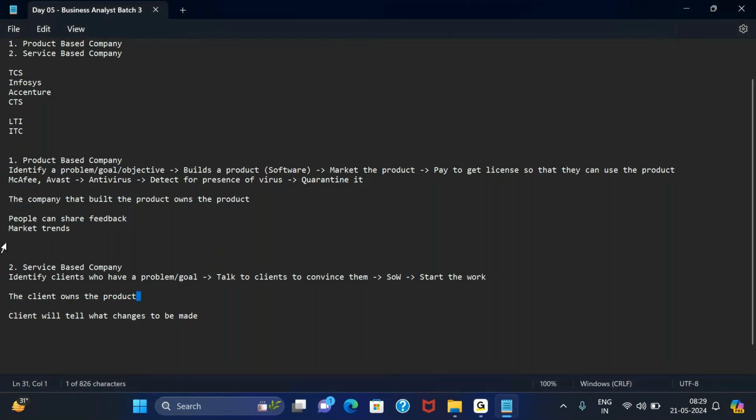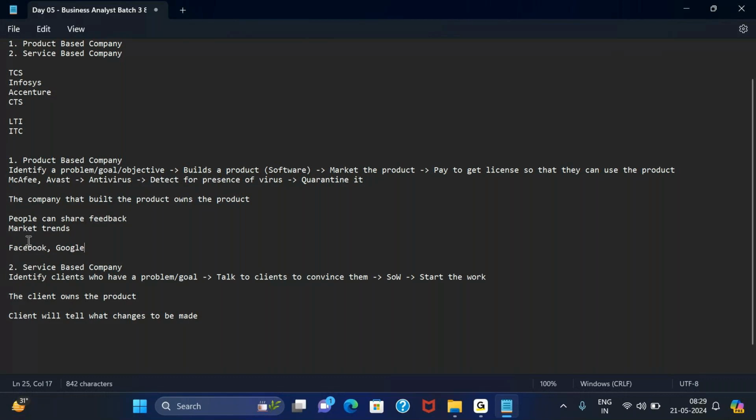Sure. So we'll go ahead with the next point. Before we actually get into the BA, I already gave you a few examples. If I have to share more examples, look at Facebook and Google. They are big examples of product based companies.